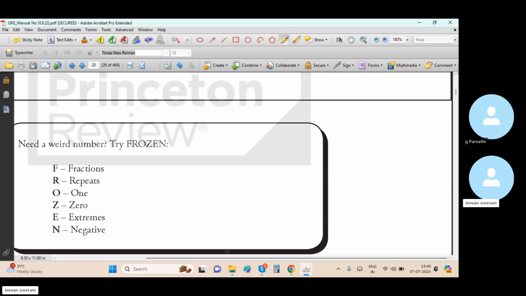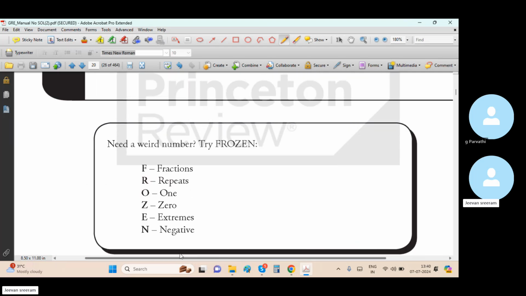Students are always concerned about how we can get the values, how we can understand the suitable values to plug in. These are the options. You can take fractions, FROZEN. I have even shared it in the group. Fractions, repeats. Repeats means whatever values you see in the question can also be your suitable and good plugins. Try them.